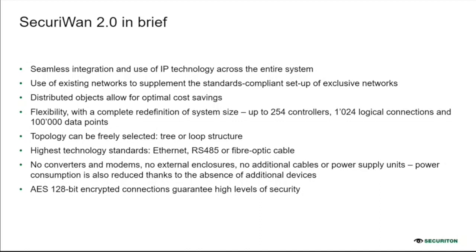You have huge flexibility in terms of the size of the system, because as I said, you can have up to 254 devices on this SecuriWan, you can create up to 1024 logical connections, and you can manage up to 100,000 data points.